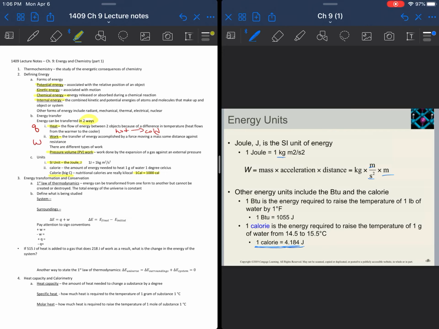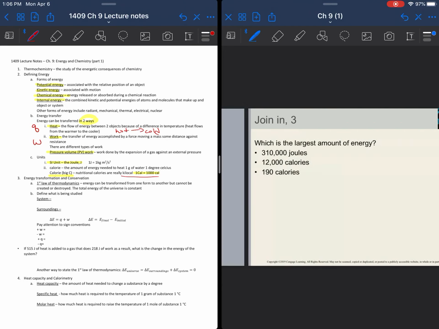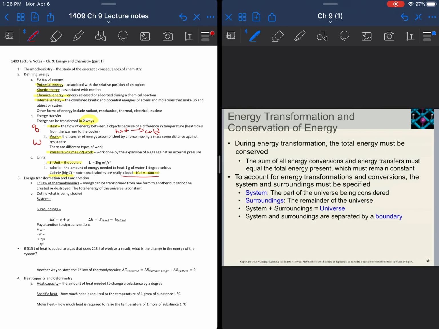This is important if you're using thermochemistry and thermodynamics to study the energy content of food. If you don't know that nutritional calories are really kilocalories, you may come up with, oh, you have this snack that's 200 nutritional calories, but you've calculated it with lowercase c calories. You're going to be off by 1,000. Nobody is going to want to eat that snack. So it's important to keep track of these units.